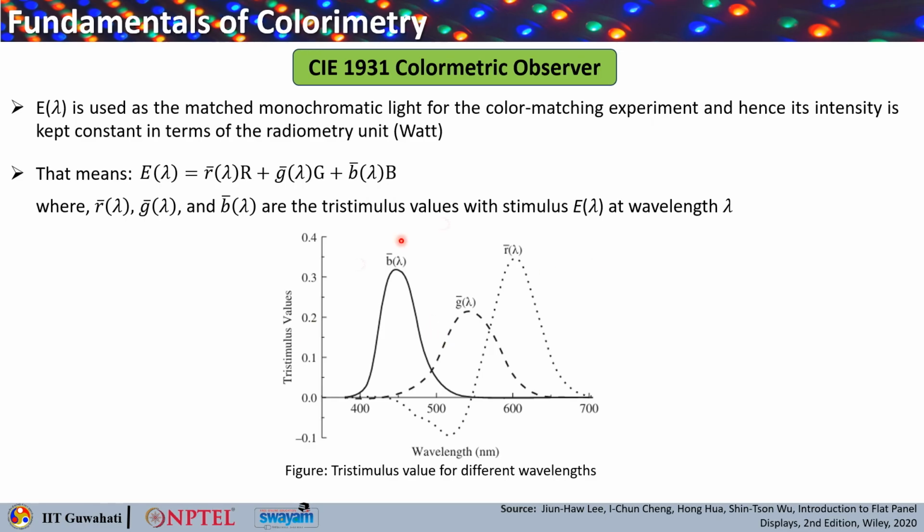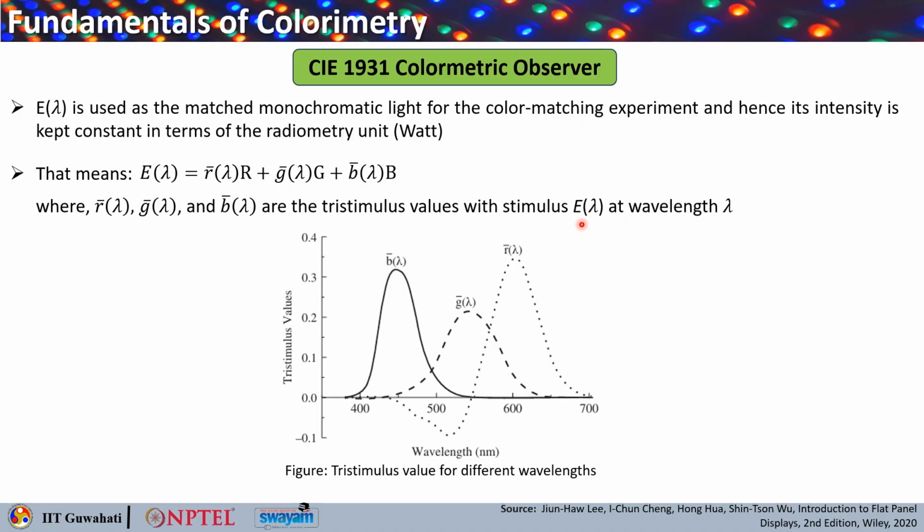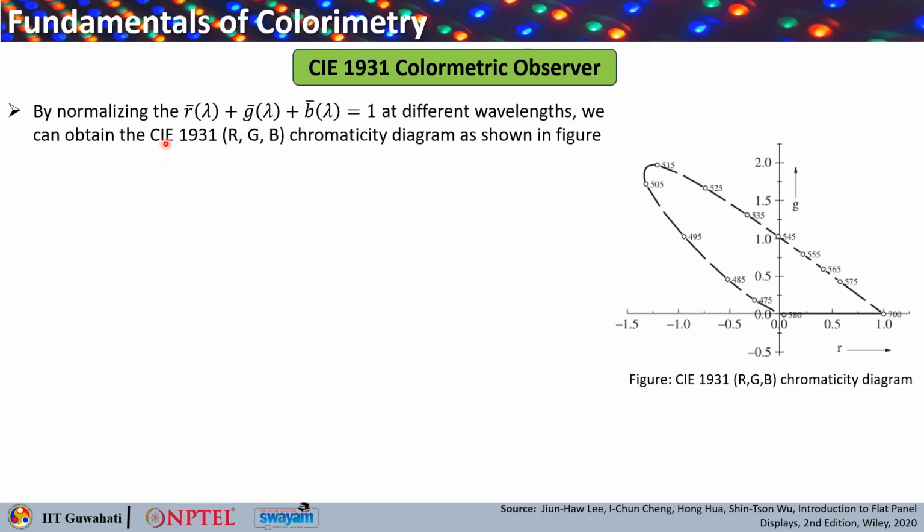So, R bar lambda, G bar lambda and B bar lambda are the tri-stimulus values with the stimulus E lambda at wavelength lambda. When you normalize this, that means you consider R bar lambda plus G bar lambda plus B bar lambda equals 1 at different wavelengths.